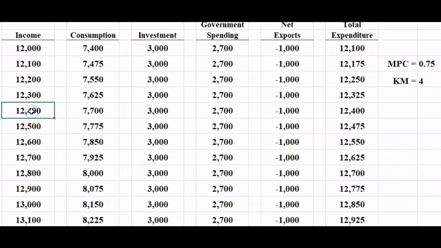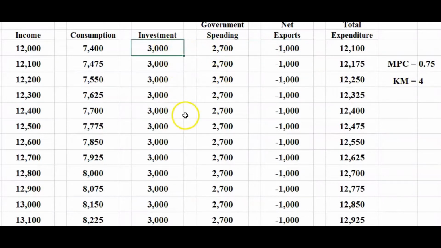So we're going from 12,400 to 12,200, so that's a minus 200. We're going to divide minus 200 by the Keynesian multiplier, which is 4, and negative 200 divided by 4 is negative 50. And that means that we have to adjust one of these three categories by subtracting 50.